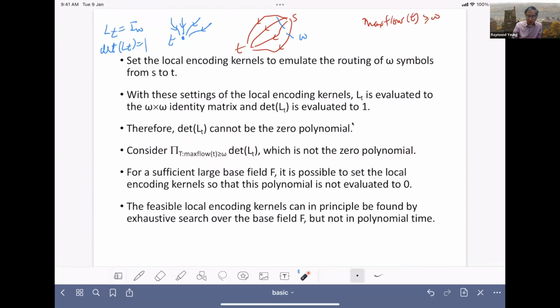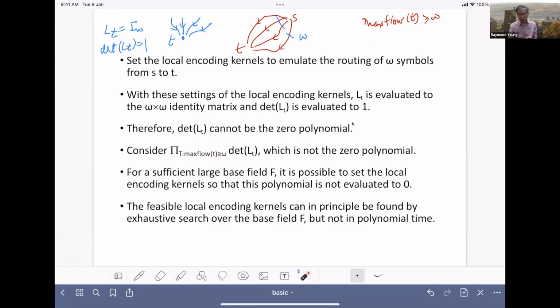Therefore, for a sufficiently large base field, which can be very large but we don't care at this point, since we just care about whether there exists a linear multicast, you can evaluate this gigantic polynomial to be non-zero. This implies that the evaluation of each individual determinant is also non-zero, and this in turn guarantees that at each such node T, decoding is possible.